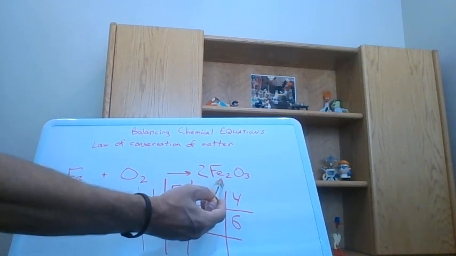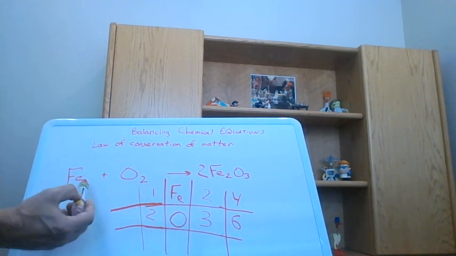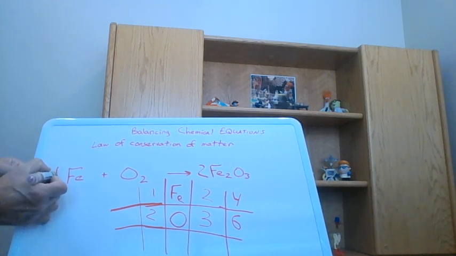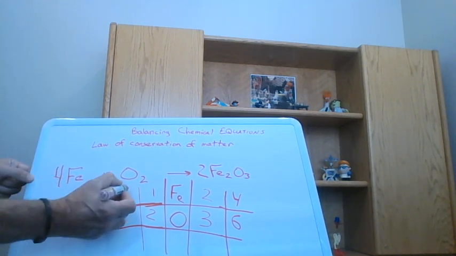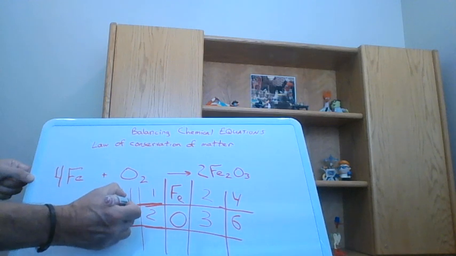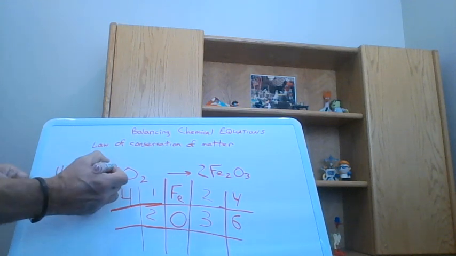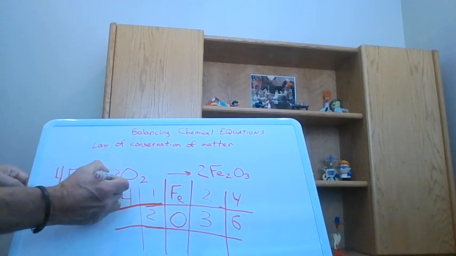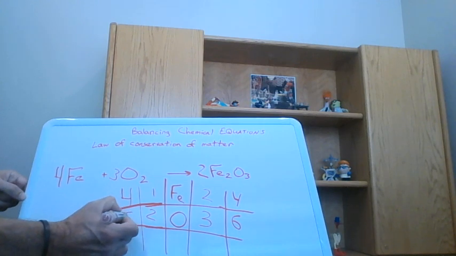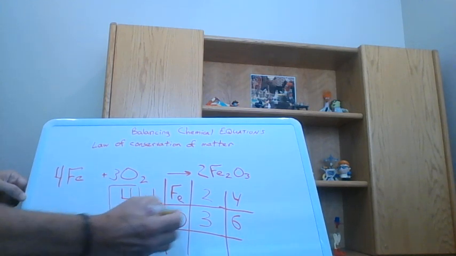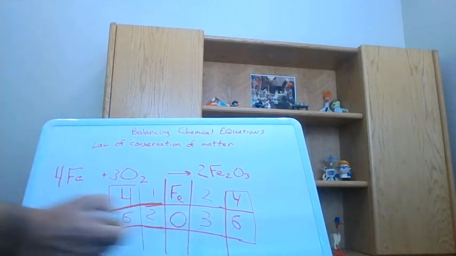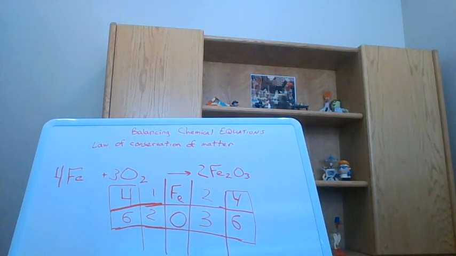Right, so on this side I have 4 iron. Here I only have 1 iron. So I could put a 4 coefficient in front of this iron, and now my iron is balanced. And then I could put a 3 in front of this oxygen, and then I have 6. And so my iron and oxygen are balanced on both sides of my equation.